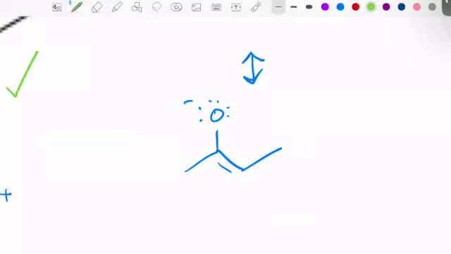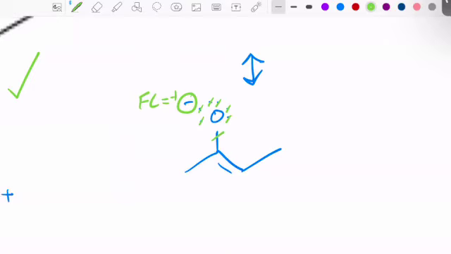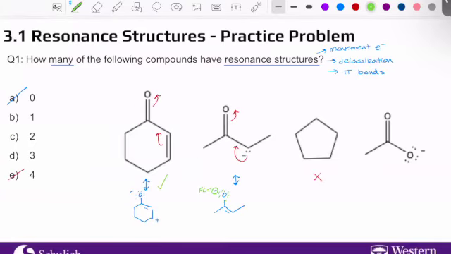So as a recap, I can show this here. We know that oxygen has 6 valence electrons, meaning we'll start counting from 5. 5, 4, 3, 2, 1, 0, -1. Hence our formal charge is equal to -1. So we know that we have 2 that have resonance structures, meaning B is not an option.